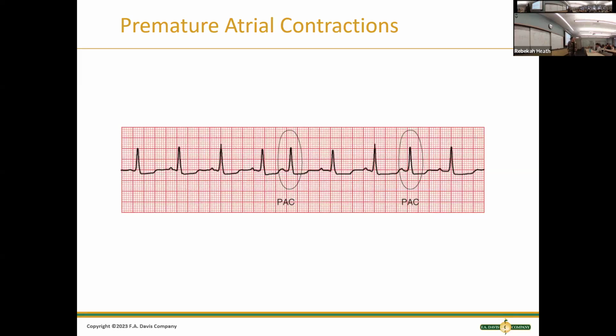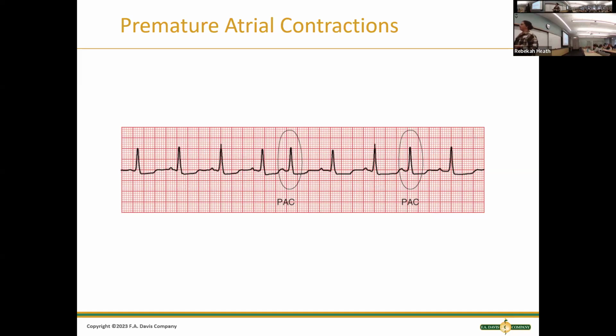Sometimes our hearts get irritable and we just go ahead and send an extra signal through. So if the rest of the rhythm looks normal, just like sinus rhythm, but every once in a while we have this extra beat with a nice P wave and a real small and tidy QRS complex, that's an extra atrial beat.